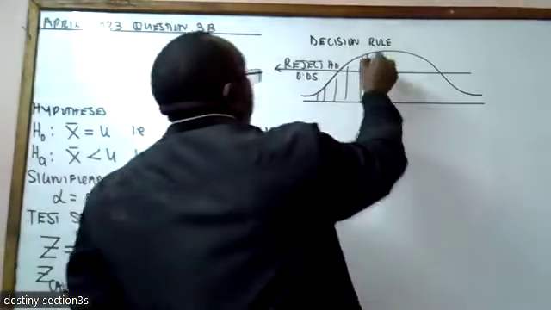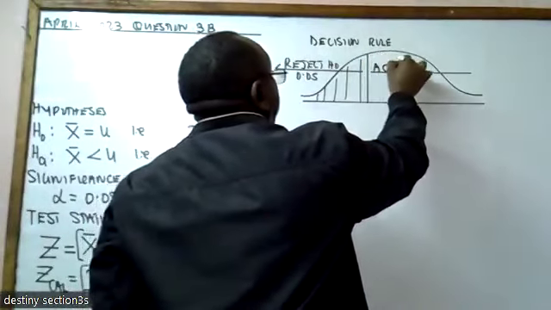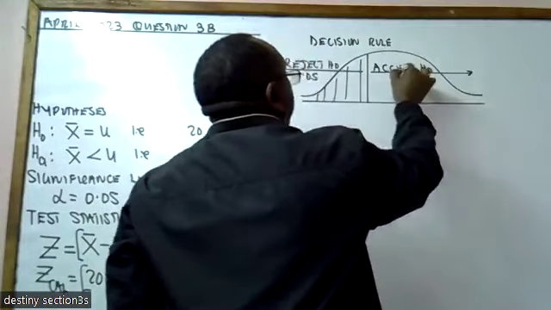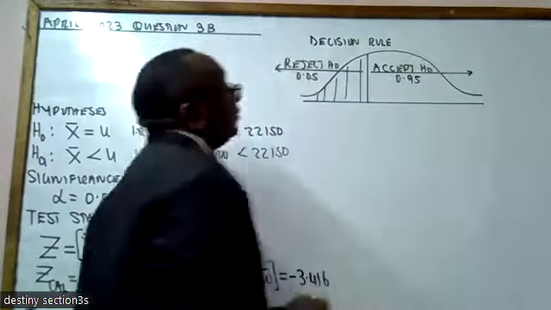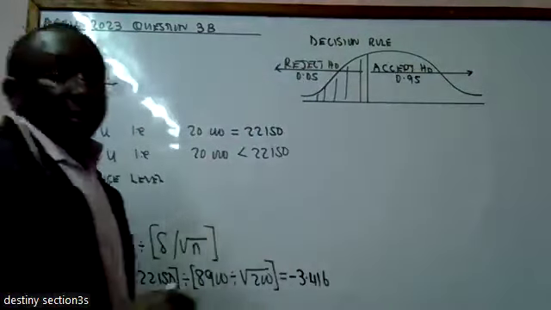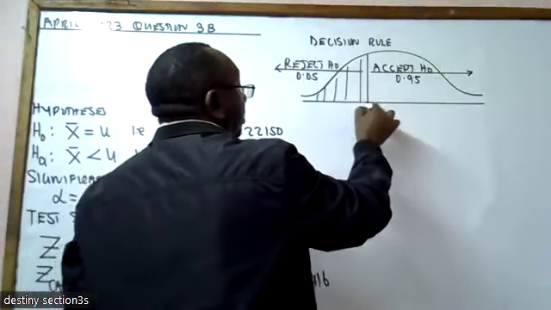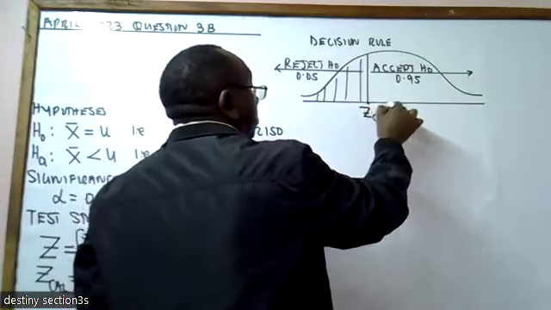And if you are on this side, we will accept null at 0.95. And then this is Z critical.